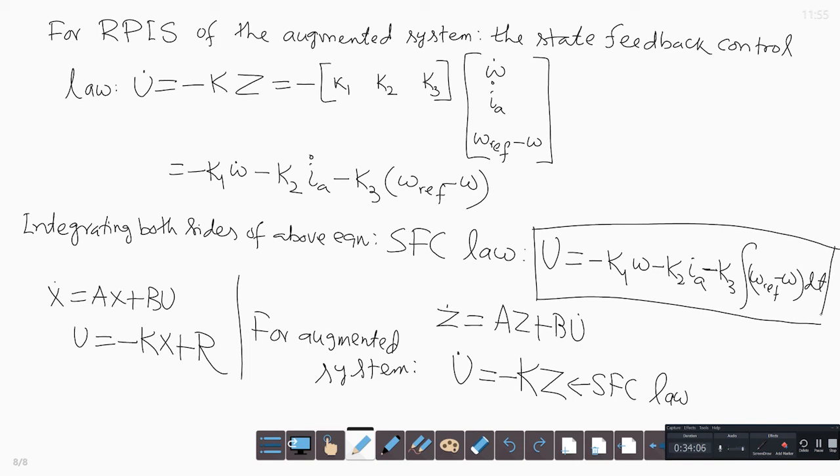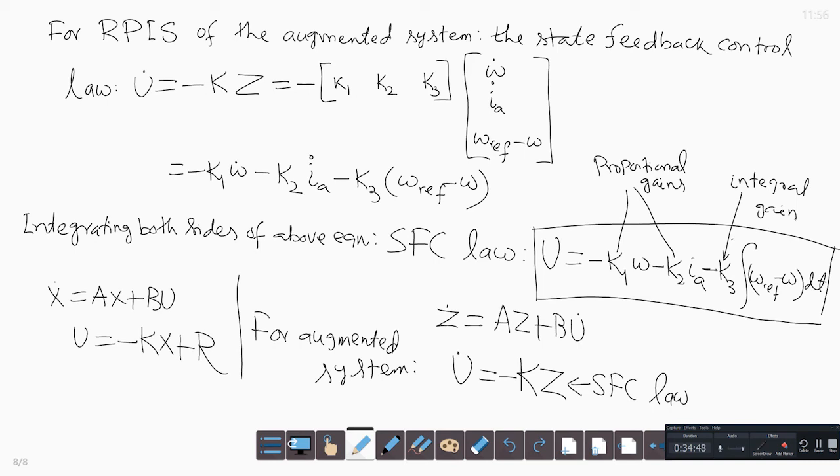As you can see, K1 and K2 are proportional gains, and K3 is an integral gain. So, basically the control law implements a proportional integral controller, and it is achievable and successful if the augmented system is controllable. That means the regulation problem with internal stability is satisfied.